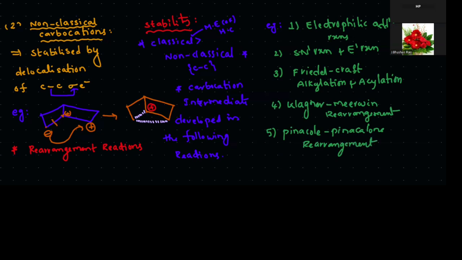So these all are examples of reactions in which the carbocation intermediate develops. So memorize this one also, very, very important. We will discuss rearrangement reactions separately, all kinds of reaction mechanisms and types of reactions also. Now, these are the carbocation intermediates.